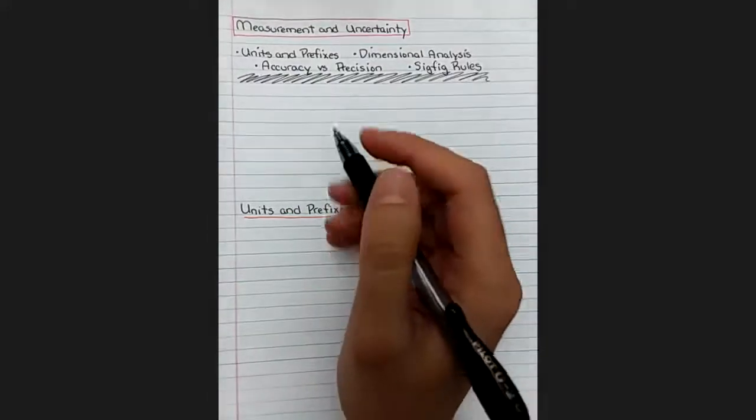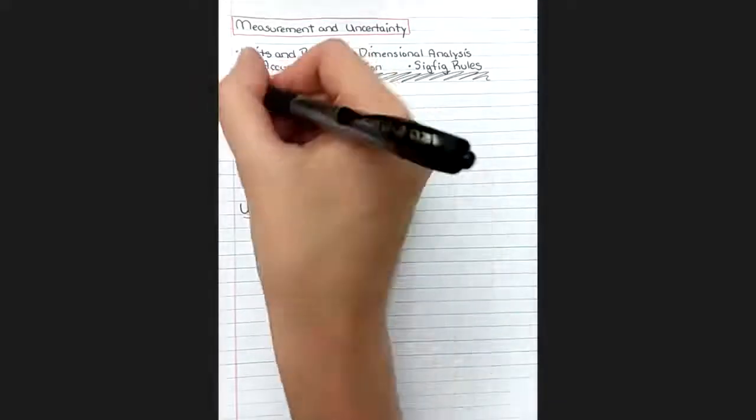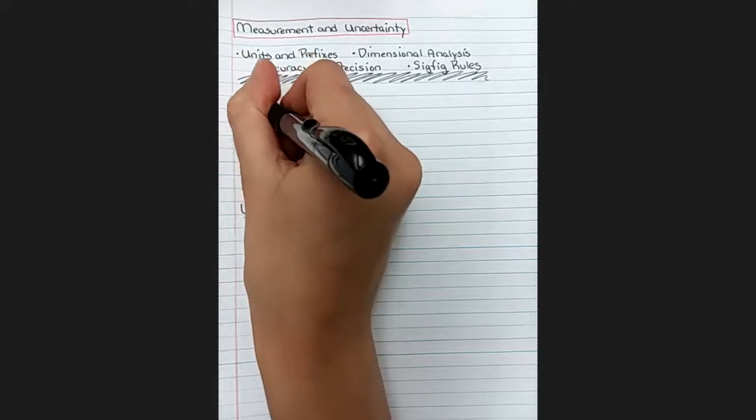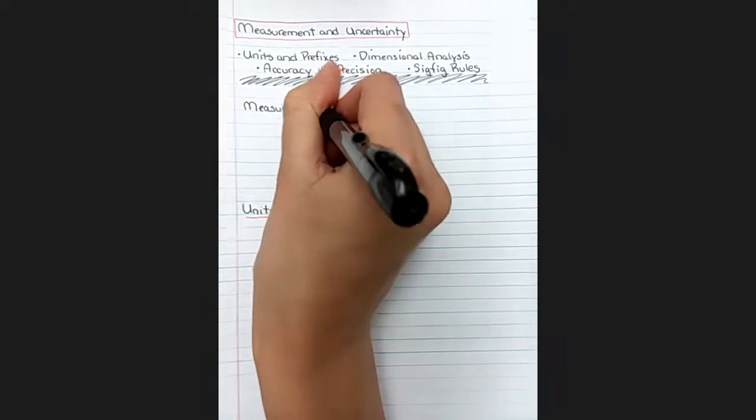So in the last video, we talked about the scientific method and scientific theories, and we said that those scientific theories are supported by measurements. Measurements are the evidence that prove those things.